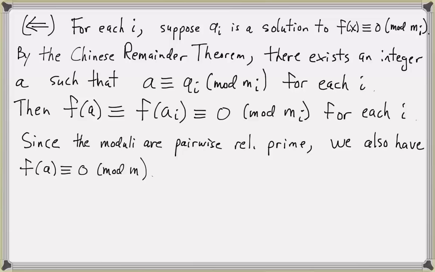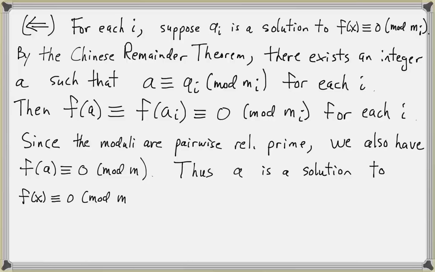So if all the mi's divide f of a and all the mi's are pairwise relatively prime, then the product of them, which is m, must also divide f of a. So f of a is congruent to 0 mod m. Thus, a is a solution to the congruence f of x congruent to 0 mod m, as required. So this finishes the theorem.